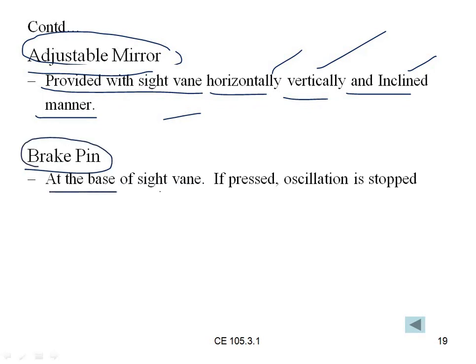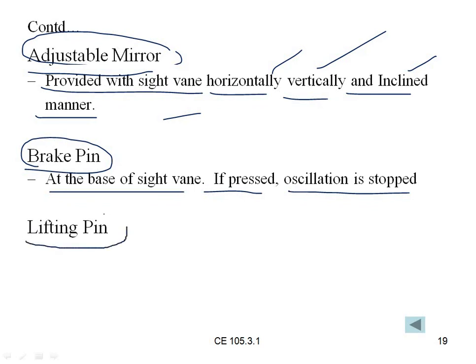At the base of the sight vane, if pressed, oscillation is stopped. That means the magnetic needle will be shaking or moving up and down. So when it moves up and down, if we catch it with the brake pin, the oscillation will be suddenly stopped.